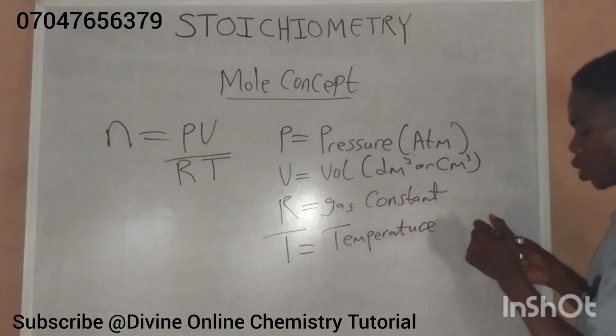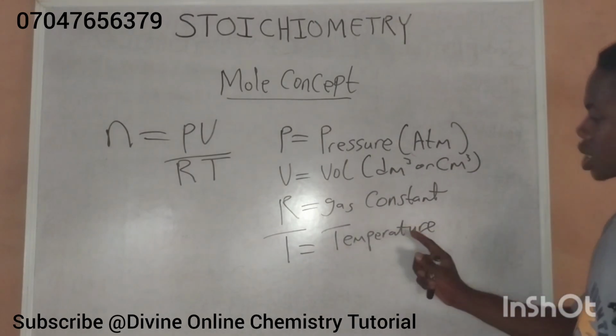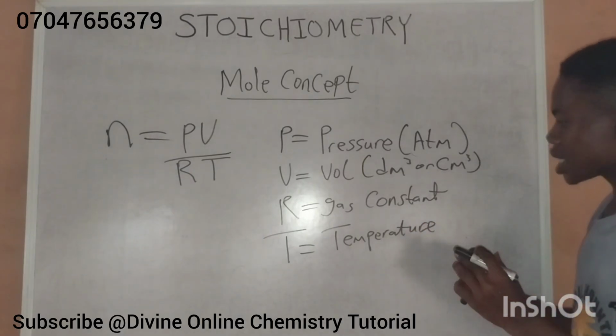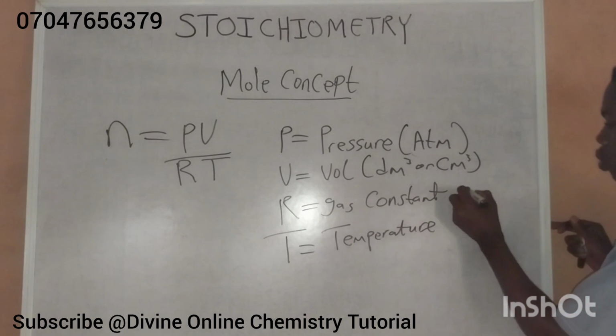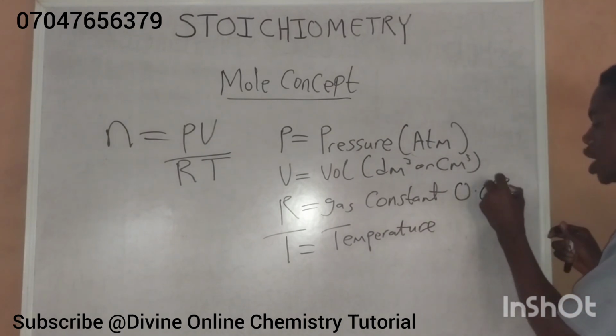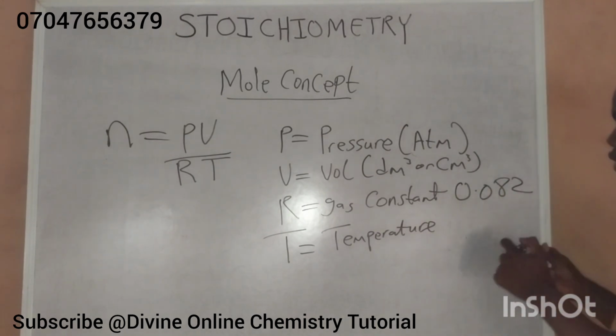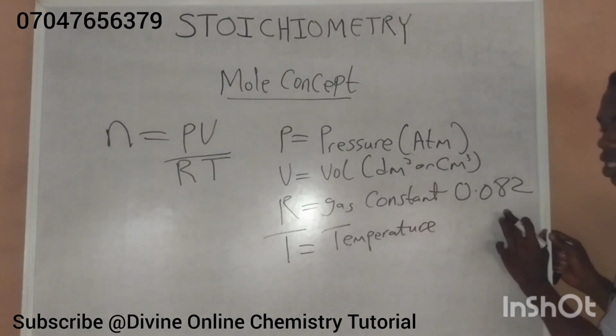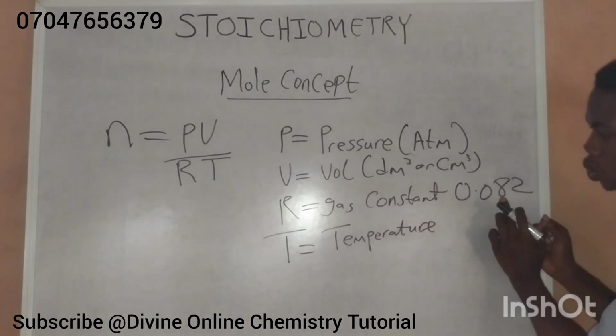This gas constant has a value. The value for the gas constant is 0.082. So you should please take note of this.